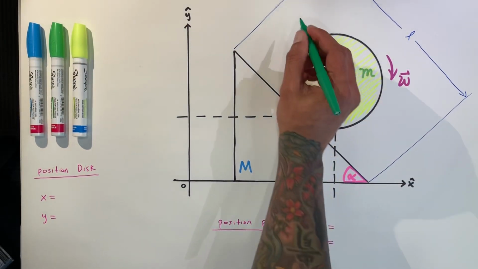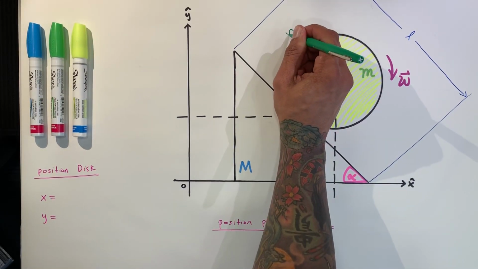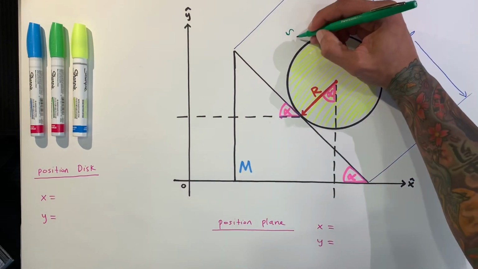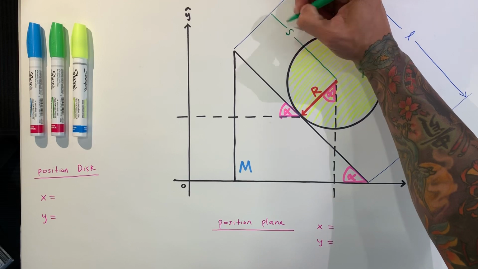I'm going to call it S. It's an ugly looking S. S is from the center of the hoop all the way to the top of the plane.